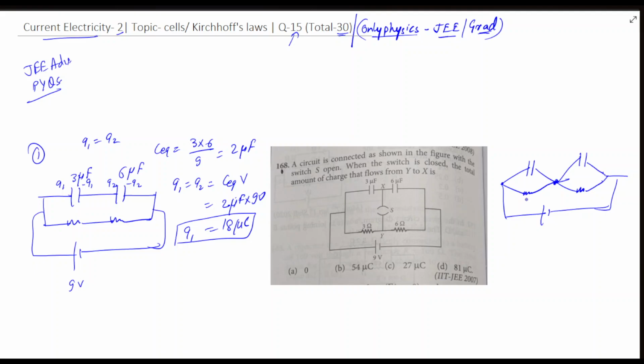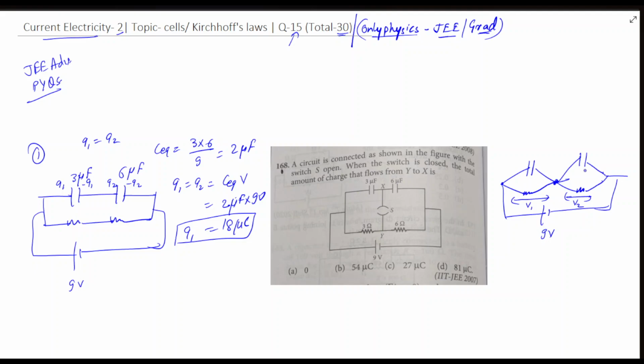Now look, these two are in parallel, these two are in parallel, and this battery is of 9 volt. The voltage across this, let's say, is V1 and across this is V2. Now when the switch is closed, after a long time what will happen?